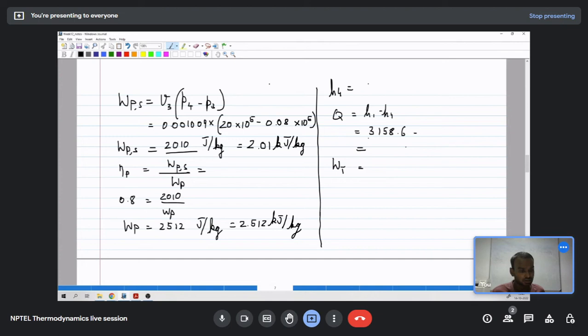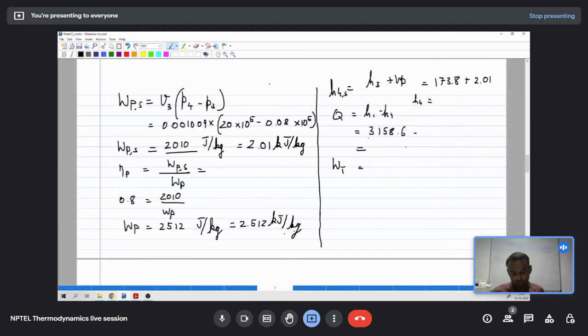So this is H3 plus pumping work, which is 173.8 plus 2.01 for the S value, and for H4 we have 173.8 plus 2.5.